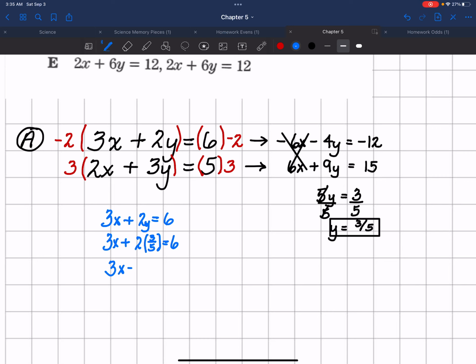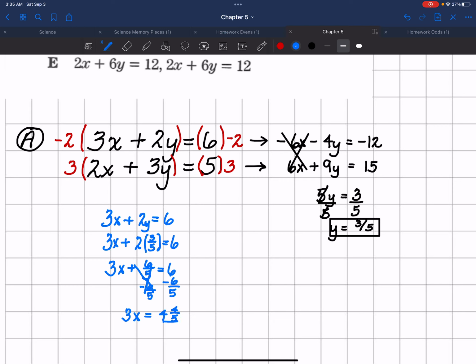So 3x plus 6/5 is 6. I can already tell you this one's not it because it's going to have a solution. Minus the 6/5. So 3x equals 6 minus 6/5. That's going to be 4 4/5, I believe. But let me do it and see. It is.